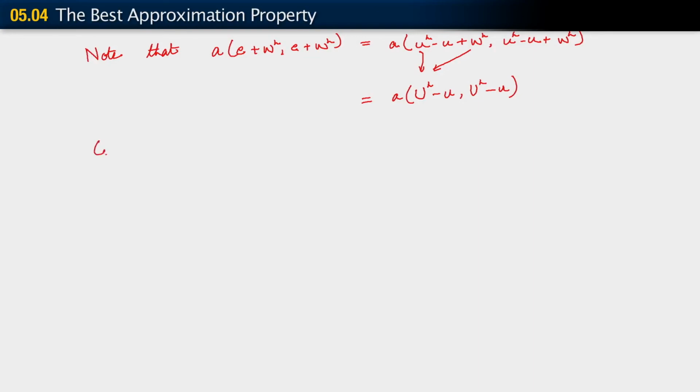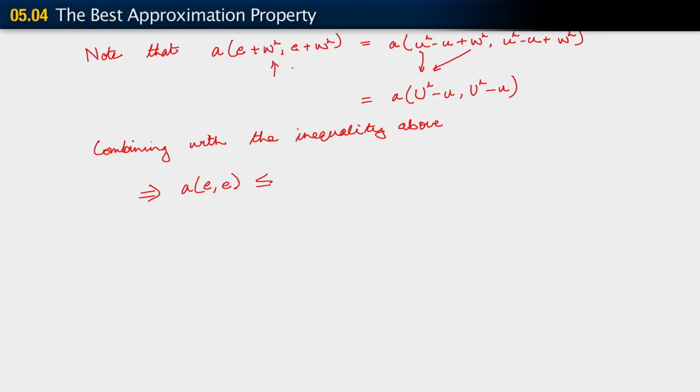So combining with the inequality above, right, the inequality that we came upon just a few minutes ago, we see that that inequality, which is A of E comma E, is lesser than or equal to this term.